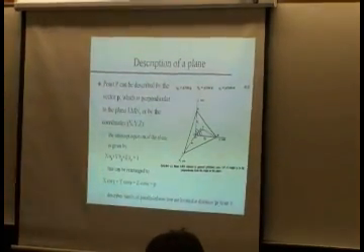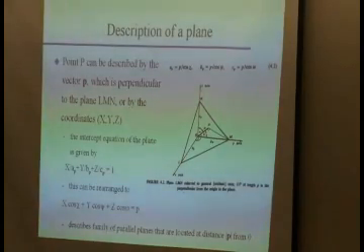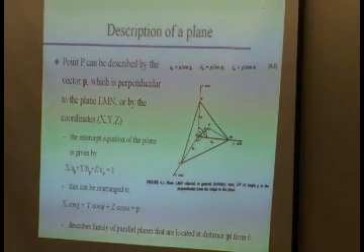Which, now no big surprise, reads x over a, and they call it AP, which is a projection of that point P onto the x-axis, plus y over BP plus z over CP is equal to 1. Makes sense, right? Intercept equation of a plane.